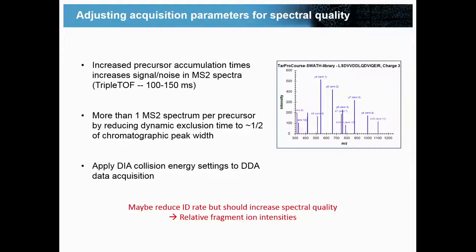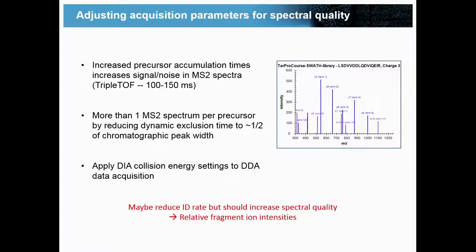that there may be some benefit to trying to increase the spectral quality over what you might have for a standard DDA analysis. Because one thing that we want to know is the relative intensities of these different fragment ions. And a higher signal-to-noise spectrum will give you a better representation of these relative fragment ion intensities.